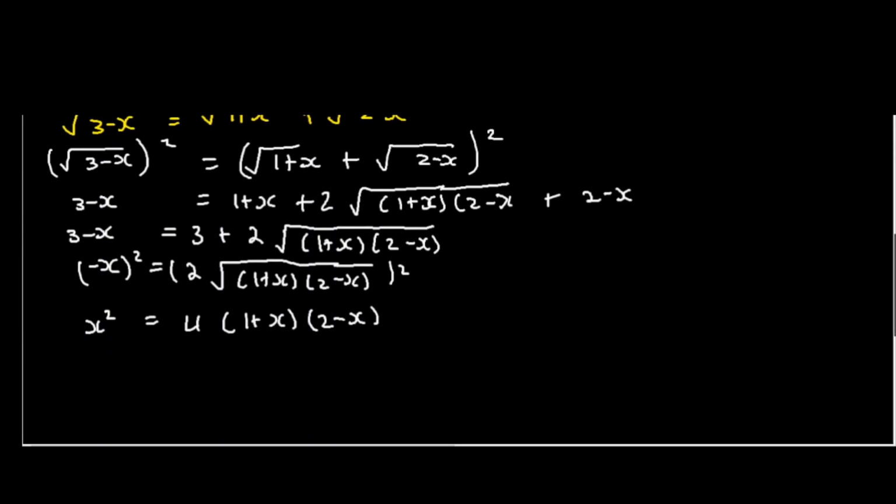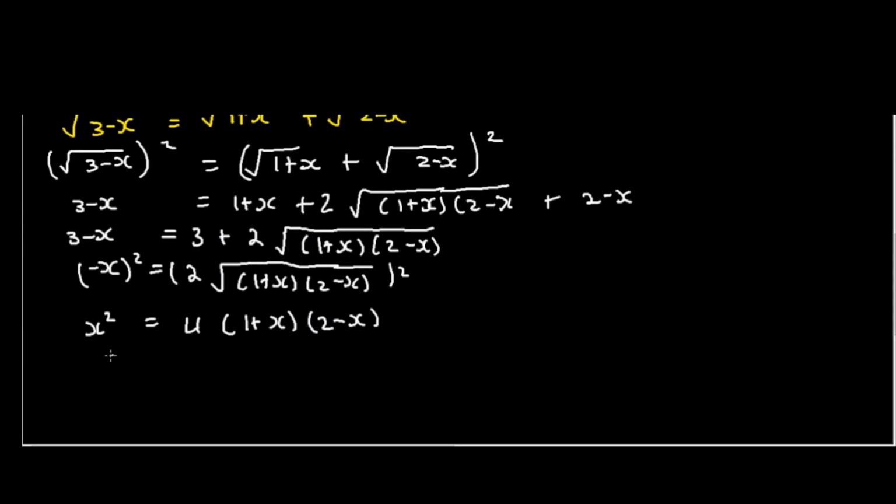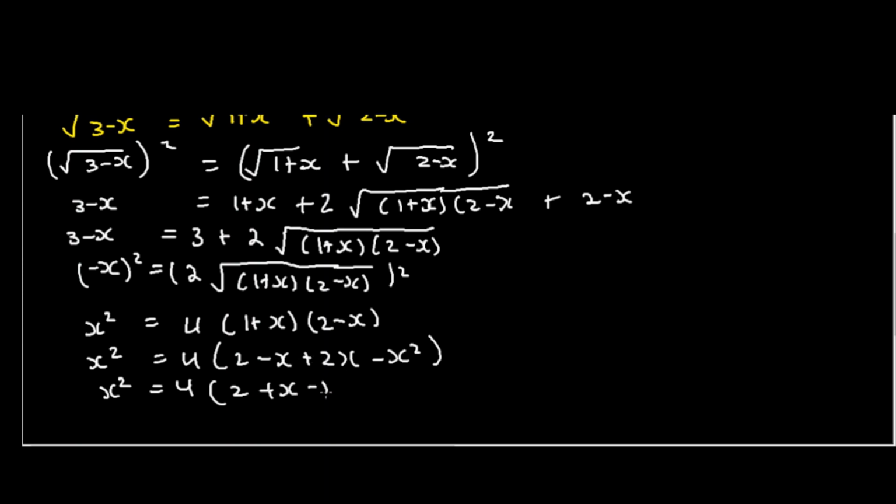And then after reaching that step, we can simplify this other side. We shall have x squared equal to 4 into 1 plus x, well, let's first try to simplify this. So we shall have 4 into, this is 1 times 2, it will be a 2, 1 times negative x, minus x, plus x times 2, which is 2x, then x times negative x, minus x squared. And then we shall have x squared being equal to 4 into 2 plus x minus x squared.